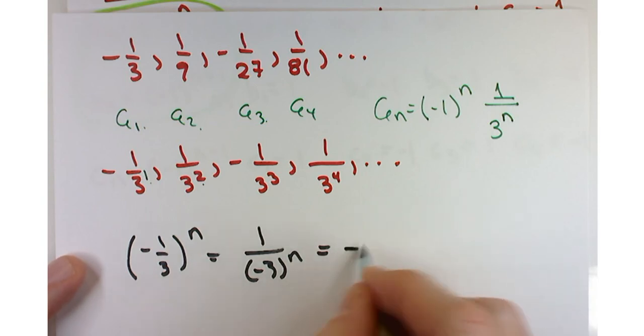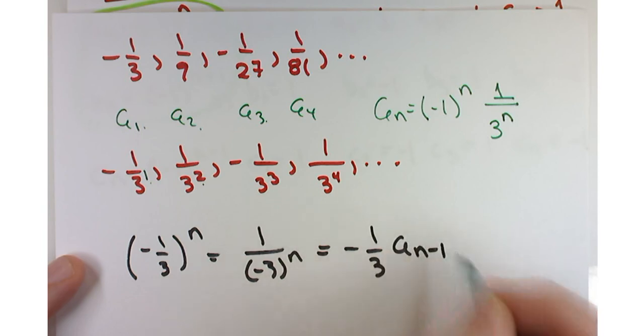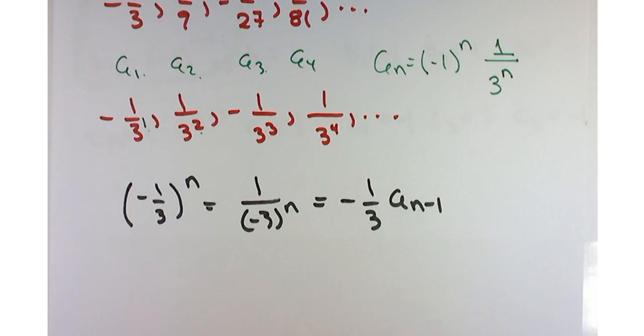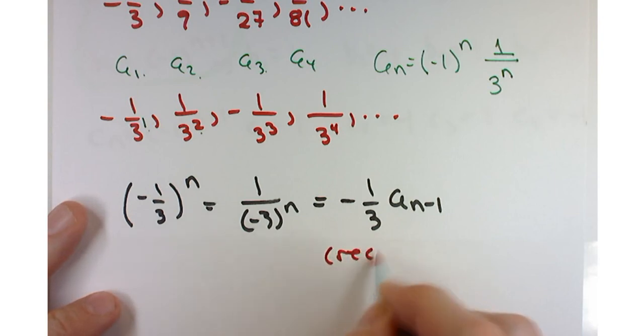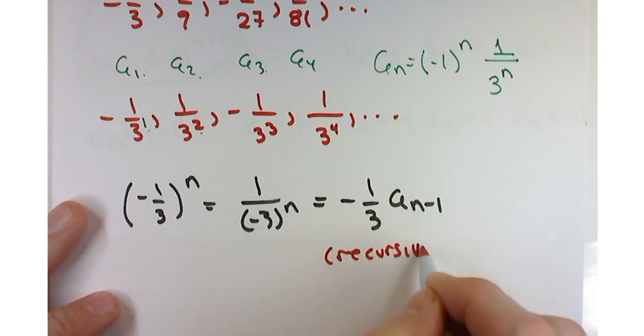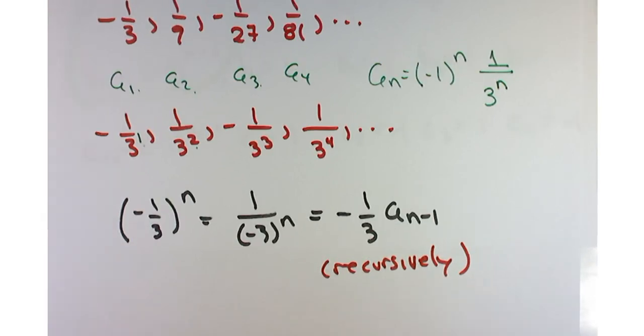You could write it recursively as -1/3 times a sub n minus 1. That's on me if I don't say, don't write it recursively. But that's not really what I would be looking for in a problem like this, typically.